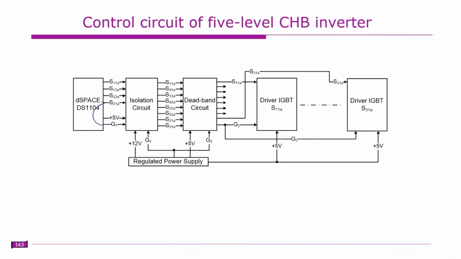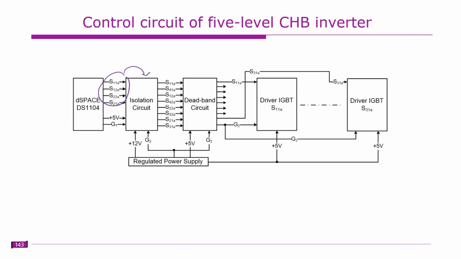All right. So these 4 signals are fed to an isolation circuit. Why is isolation required? If something is damaged on the driver circuit or the IGBT circuit, to prevent damage to the controller, we require an isolation circuit.